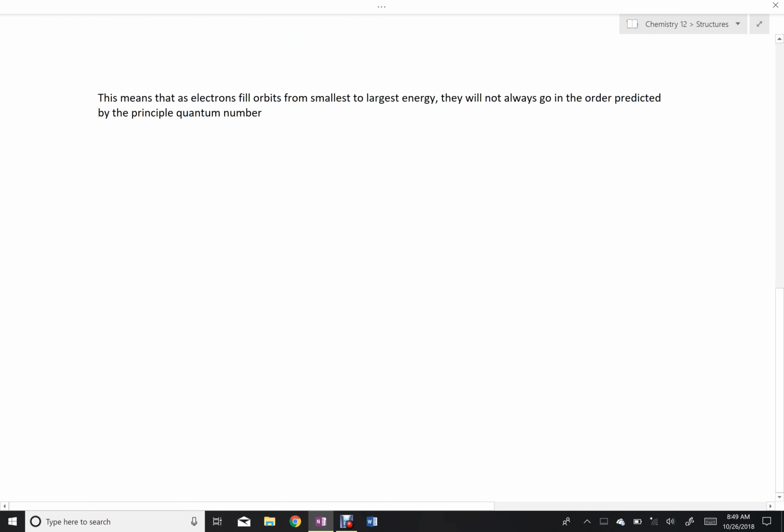So let's look at it and let's just get the actual values. So n equals 1, L equals 0, and that's the only one for n equals 1, right? Because remember, our restriction on this is that it goes from 0 to n minus 1, is our lowest energy shell.